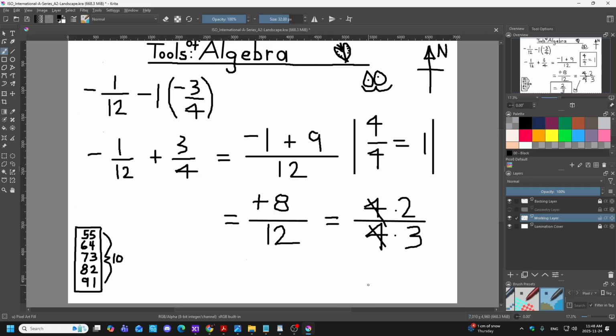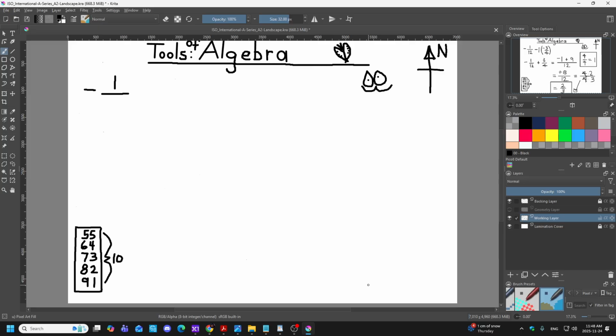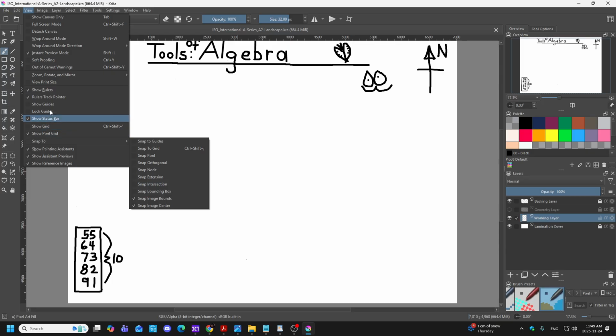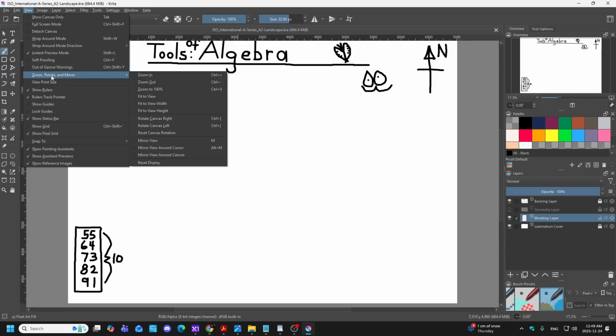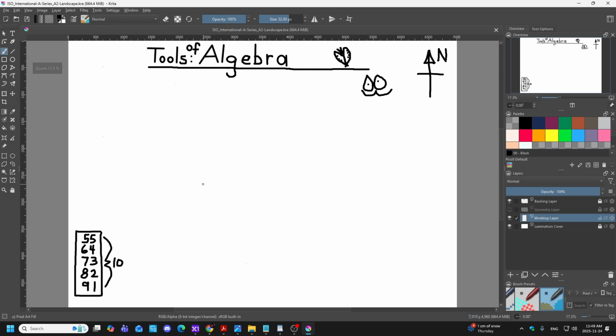Okay, let's do another. One more. Okay, there we go. All right. Last one, 2 1/4. They're giving us mixed fractions now, okay? That's okay. This is not a problem.